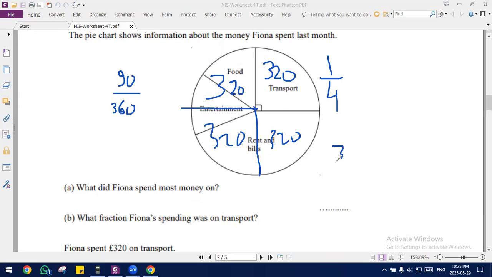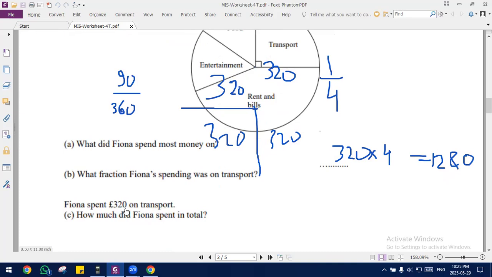So actually it's 320 times 4. 0 times 4, 0. 4 times 2, 8. 4 times 3, 12. So she spent 1,280 pounds in total.